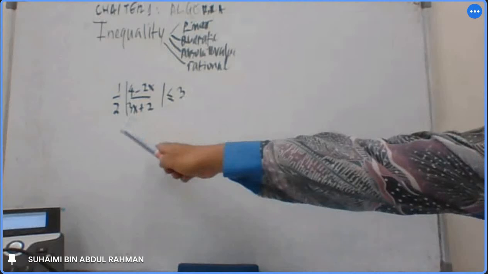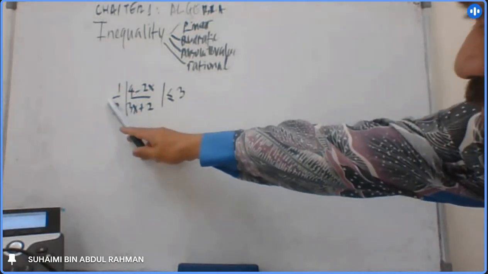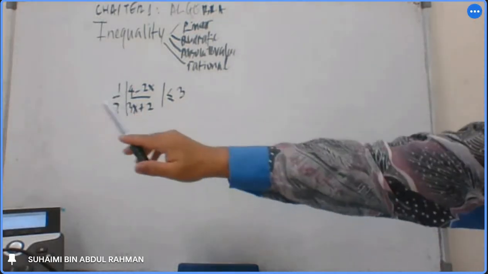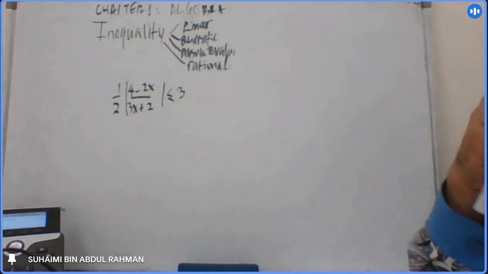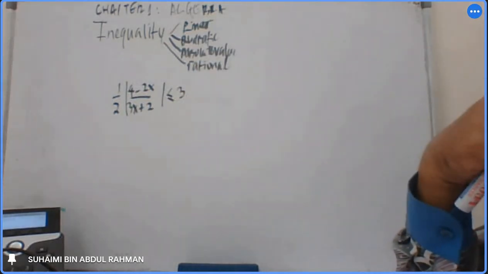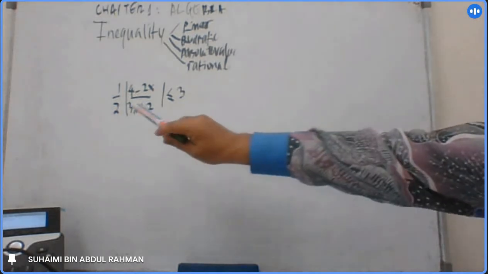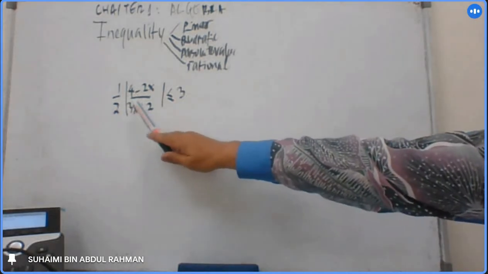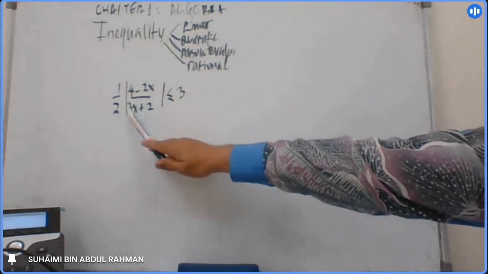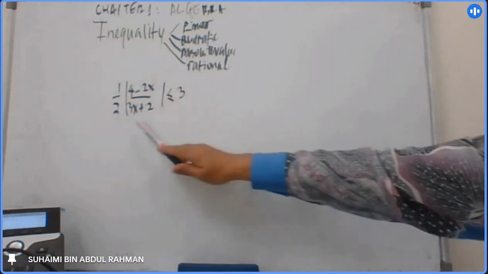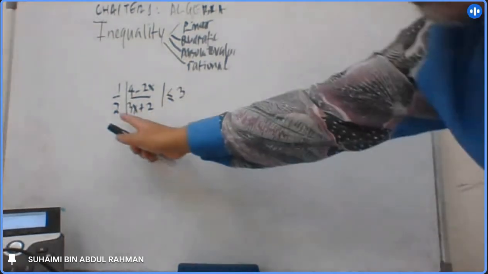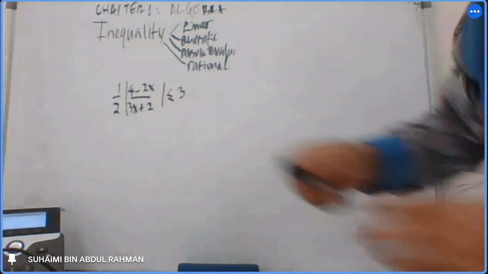Since the 2 here is not involved with any unknown or variables, we can multiply straight the 2 with the 3.